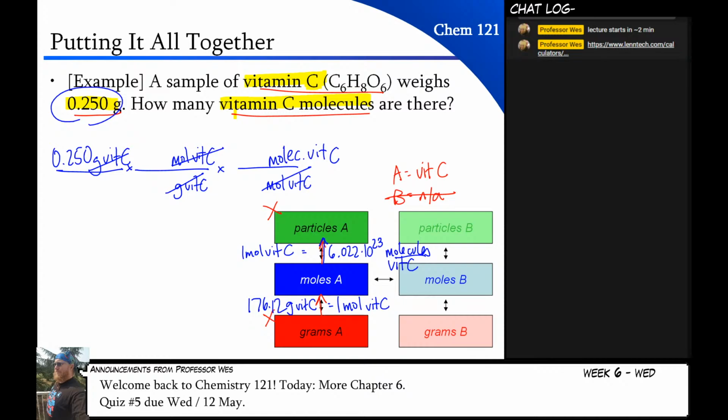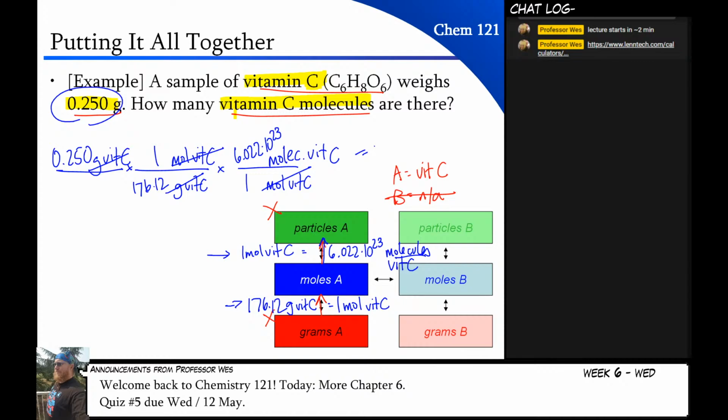And then finally, we'll go in and write the numbers. So here, 176.12 grams of vitamin C, 1 mole of vitamin C. Down here, 1 mole of vitamin C, Avogadro's number, molecules of vitamin C. So if I do this calculation, I should get the number of molecules of vitamin C in the sample.